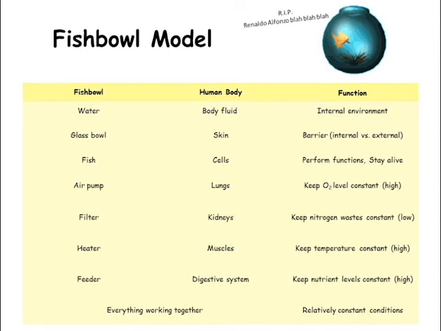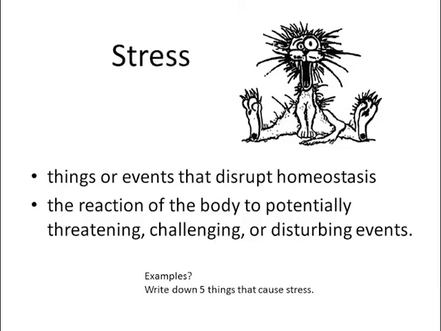So the water in the fishbowl would be like the body fluid in our bodies that keep our internal environment stable. The bowl would be like the skin, which is the barrier to the outside world, and so on. So you can look at this list on your own, and everything working together keeps our relative environmental conditions in our bodies stable.